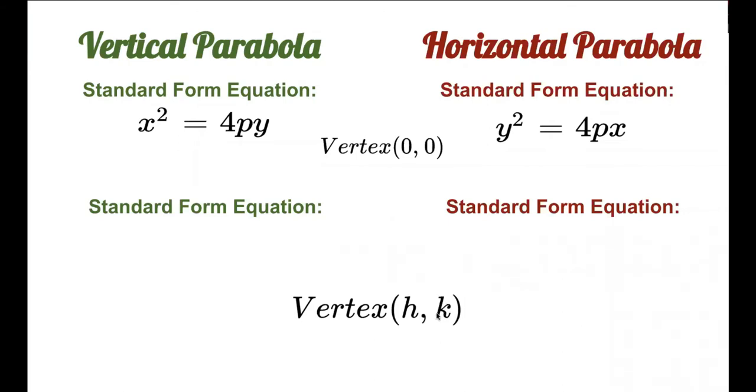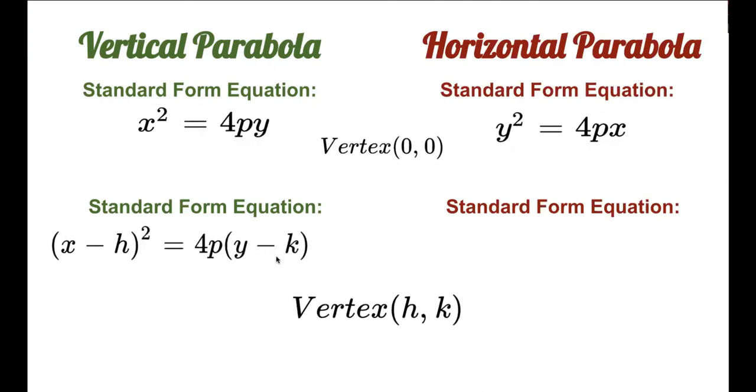In our Y value, we're going to have K spaces that we're moving. So the standard form of the equation for a vertical parabola with a vertex at H, K is (x minus h) squared equals 4p times (y minus k).